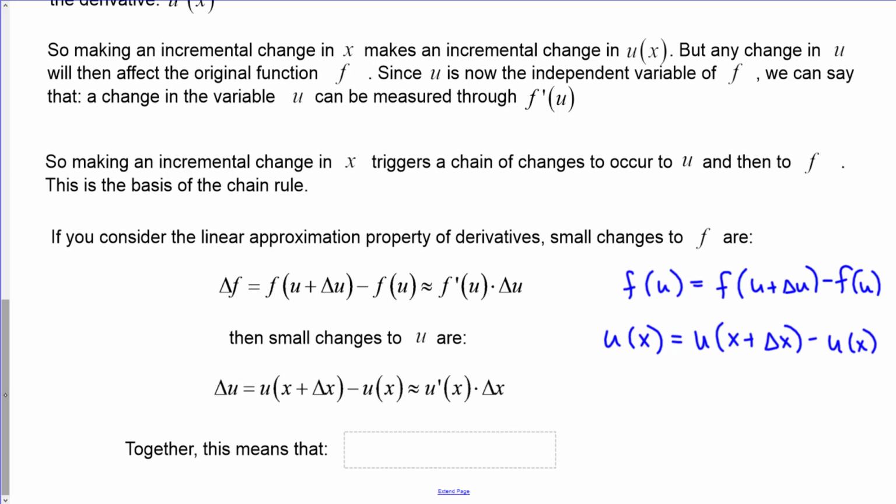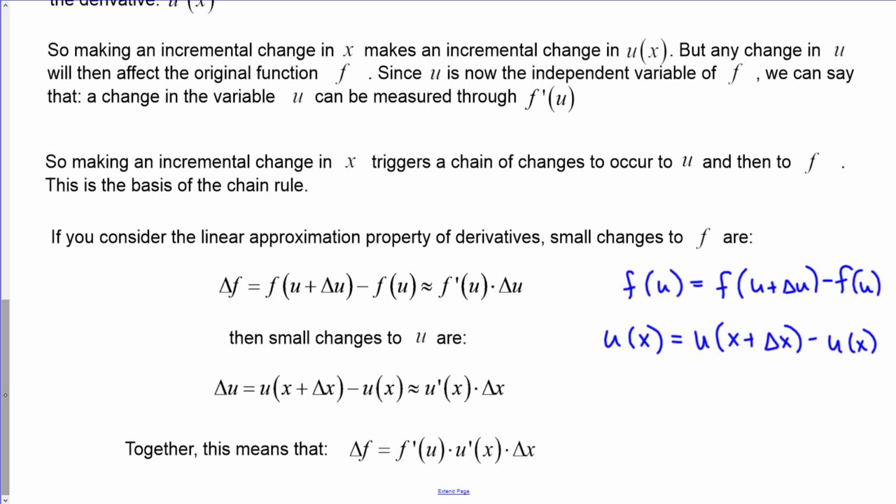And together, what that means is that increments to f, delta f, can be measured as f prime of u times u prime of x times delta x.